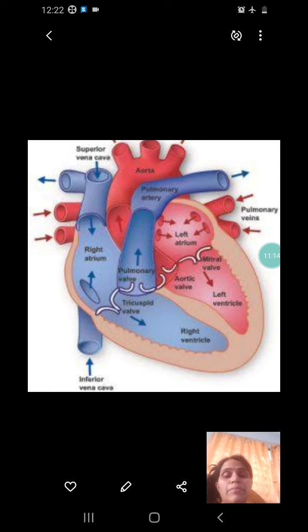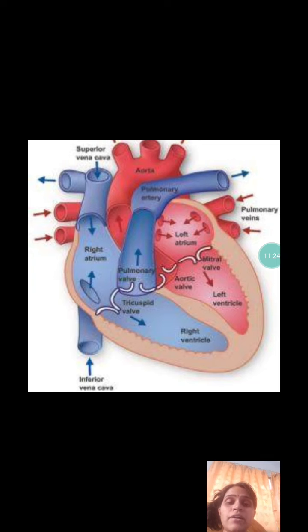After the blood reaches the left atrium, it again exerts pressure. Then the blood comes to the left ventricle through the bicuspid valve.